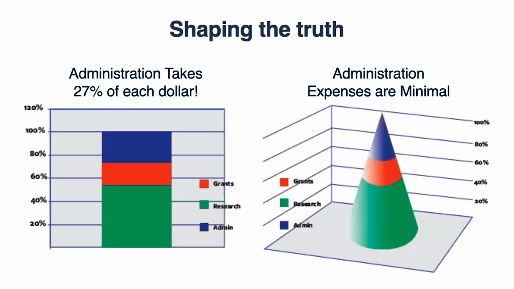Here's another one on marketing, or something similar. One side tells that administration takes 25 to 27% of each dollar, so it should be avoided or changed. At the same time, the administration came up with an ingenious idea that we should create a cone and tell others that the administration expenses are actually minimal, so we can keep on working like we did before.